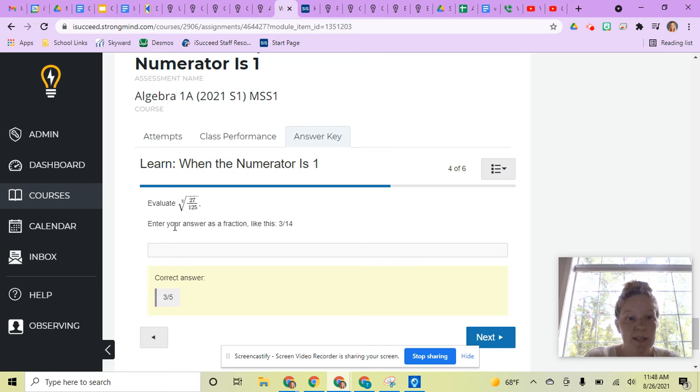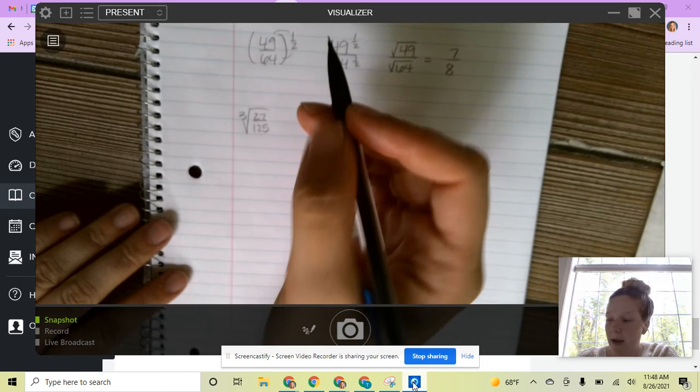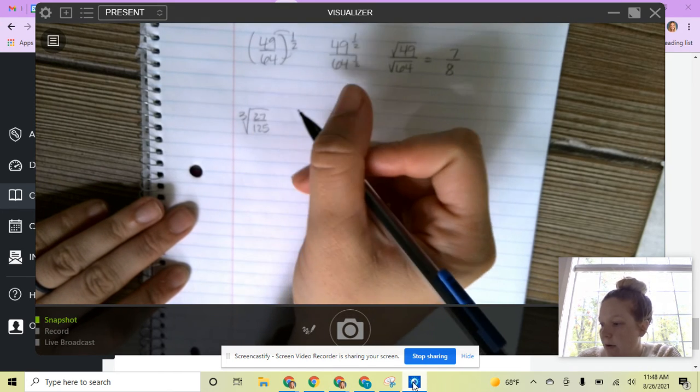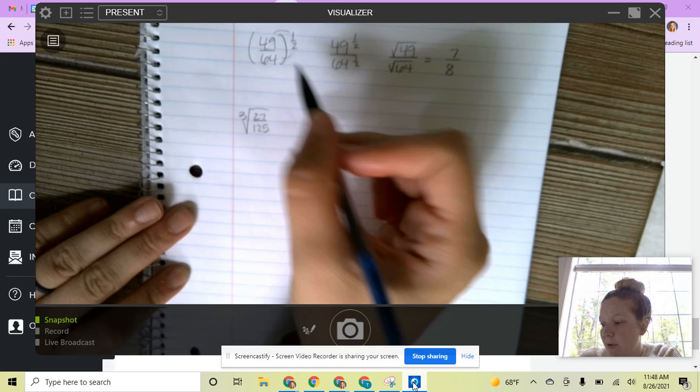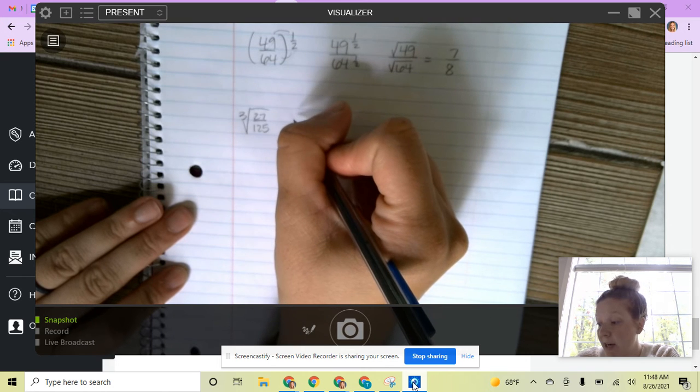Okay, this will be similar: the cube root of 27 over 125. Let me write that down real quick. Just like you can do with the exponents, distributing it to both pieces inside the fraction, I'm going to do the same thing.